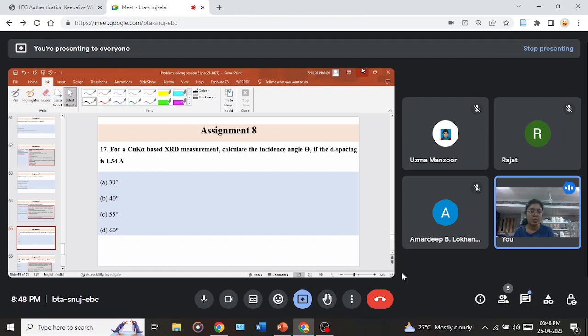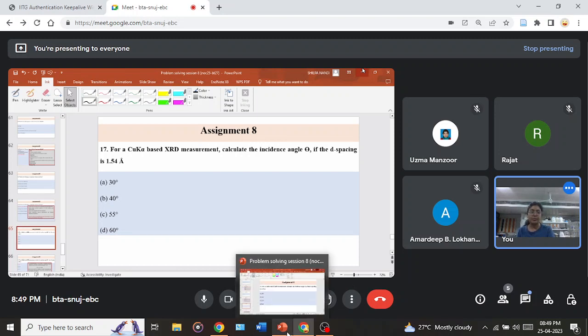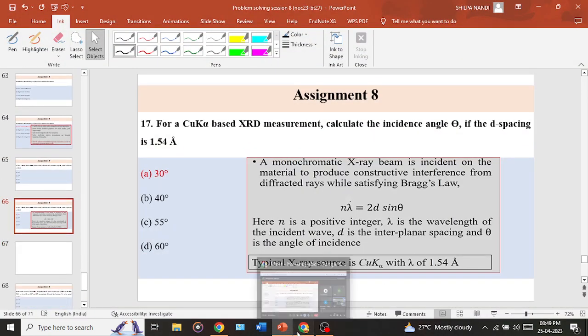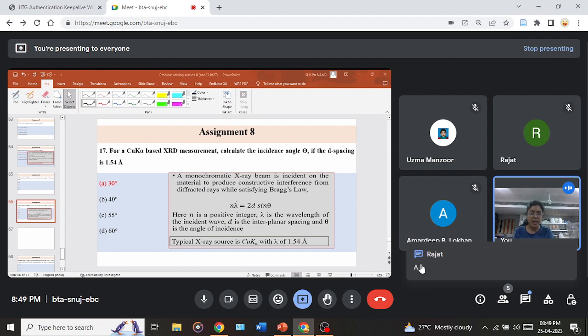I've already given you a very big hint. What law is it based upon? The correct answer here would be 30 degrees. As you can see, Bragg's law, that is n lambda equals 2d sine theta. A is the correct option. We'll solve it because not everyone is able to solve the answer.